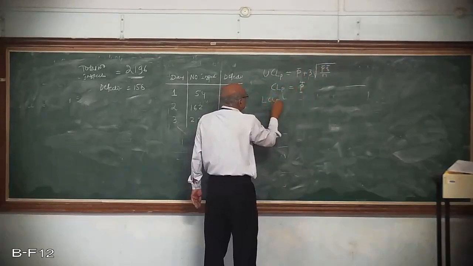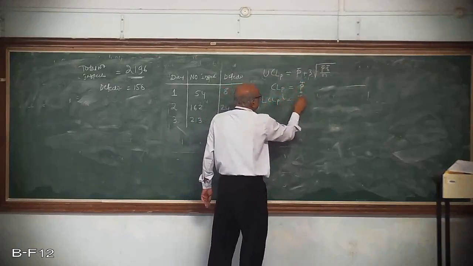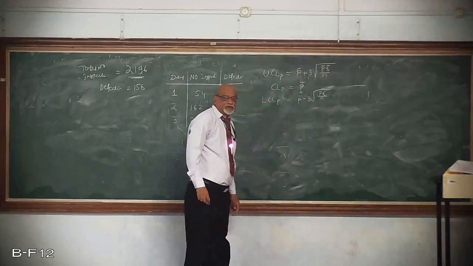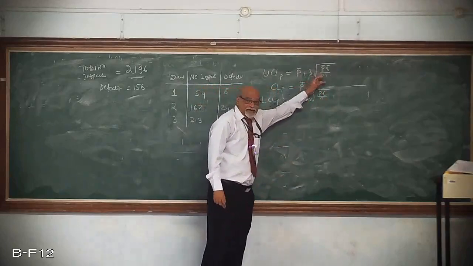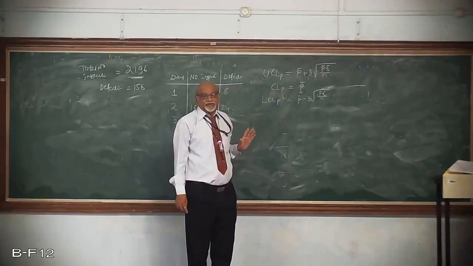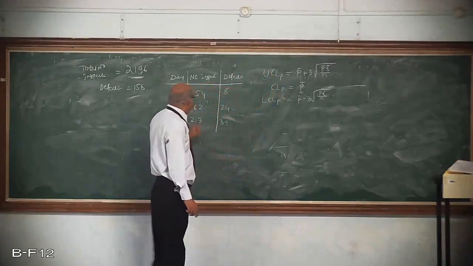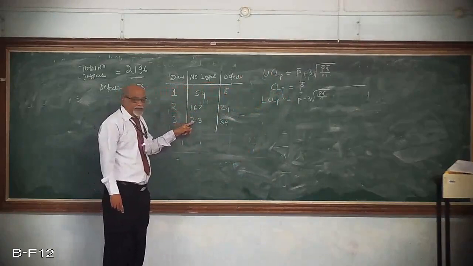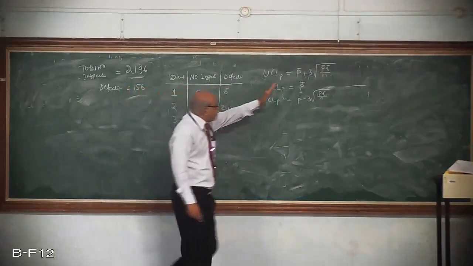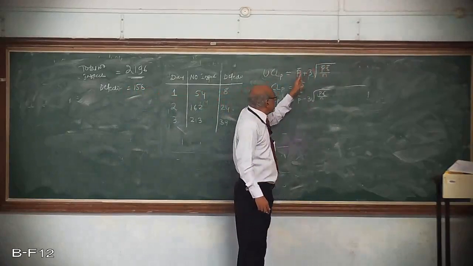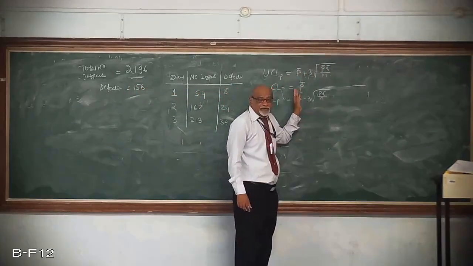The lower control limit is P bar minus 3 under root P bar Q bar by N. Observe that P bar and Q bar remain the same, but only N goes on varying. For the first day, N is 54; for the second day, 162; for the third day, 213. So this part will vary for each sample, but P bar, the central line or average value, remains the same.